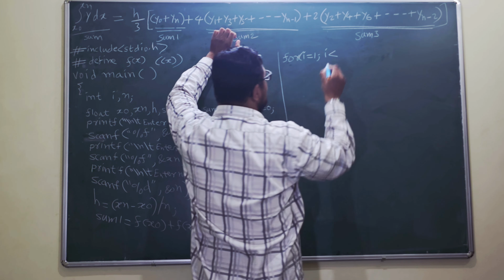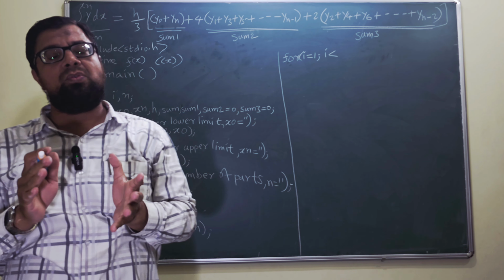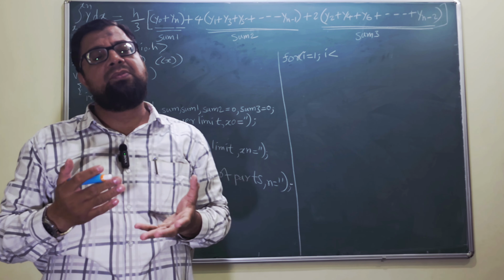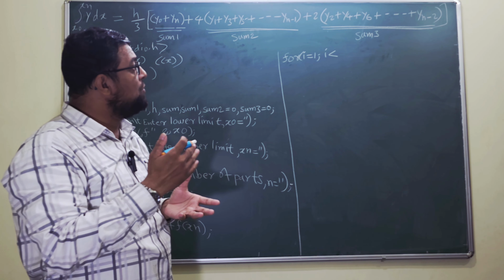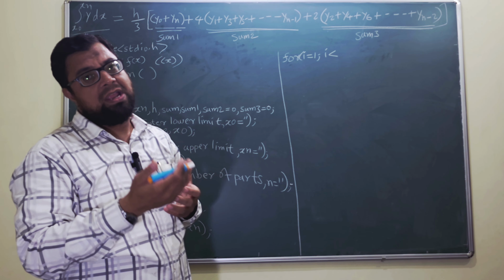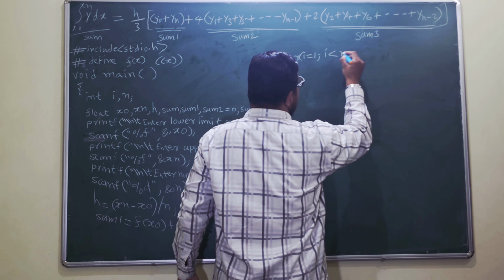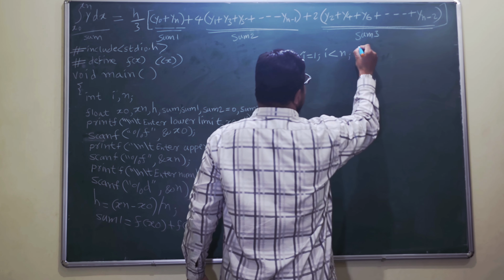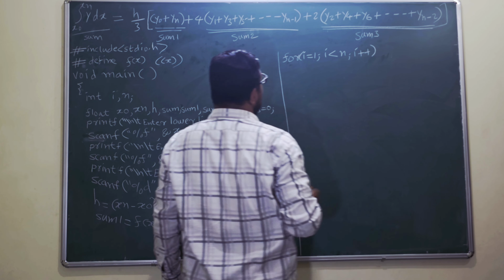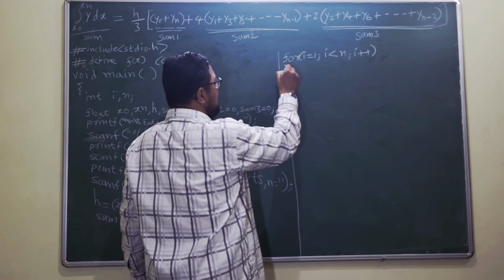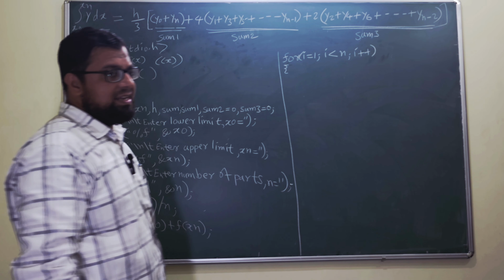Then i, now we will not take it as less than or equal to, we will take it as less than only, because we don't want up to n, we want only up to n minus 1. So this condition will be true till i is less than n. Then we need here i plus plus. Okay. Then in this for loop we will have an if condition.